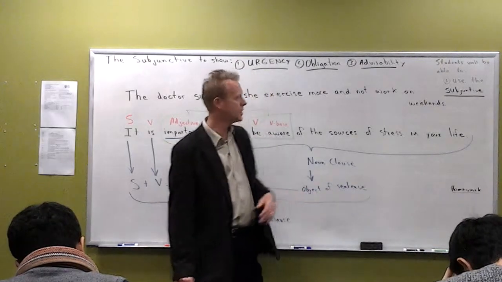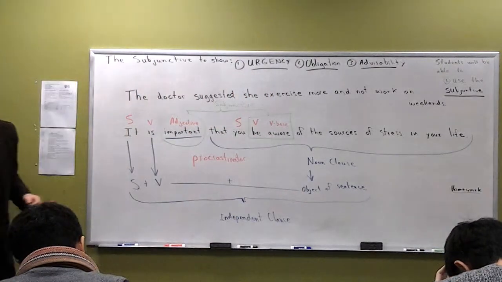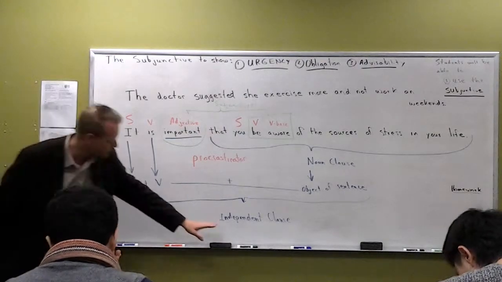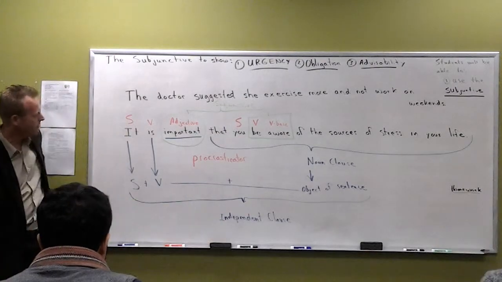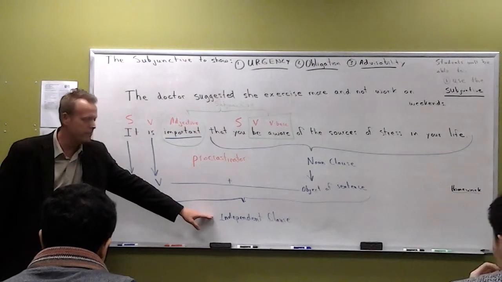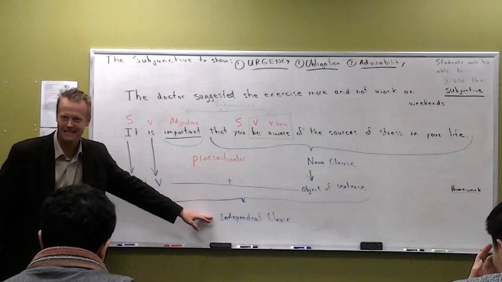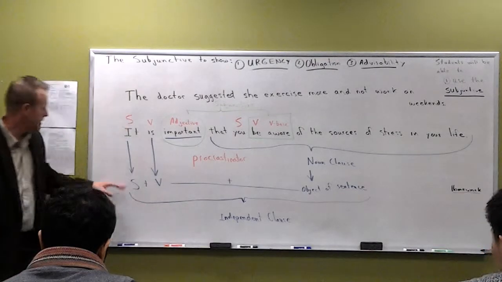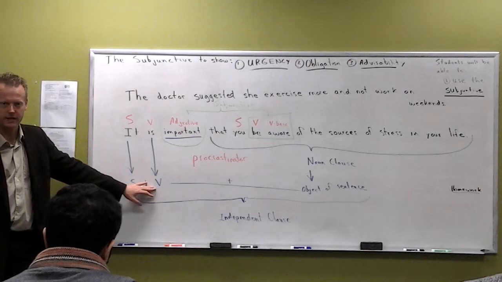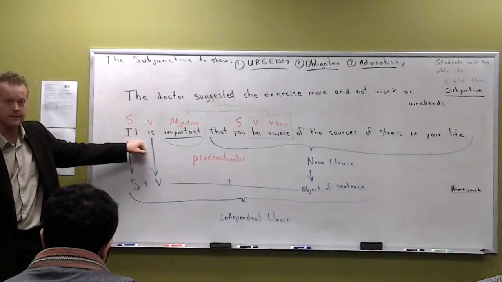Okay? So let's take a look at what the subjunctive looks like. Can we kind of work backwards? We find it in an independent clause, or a sentence. Notice you start with a subject and a verb in the sentence, like it is.